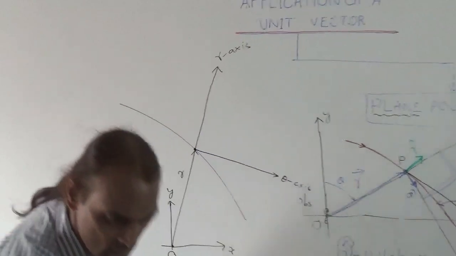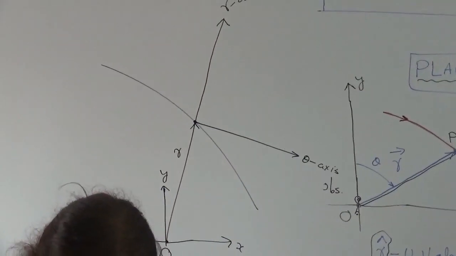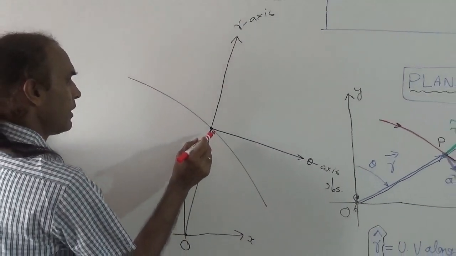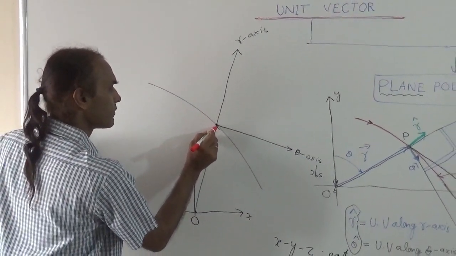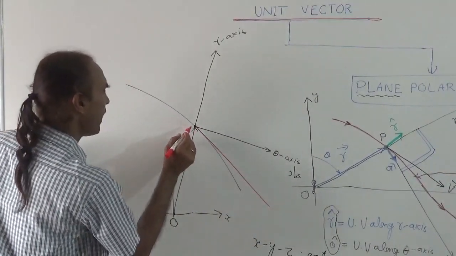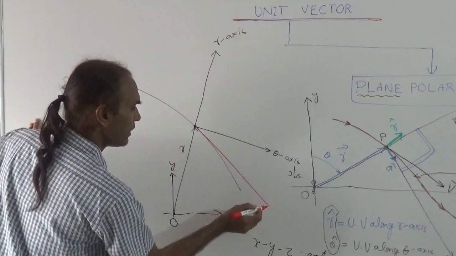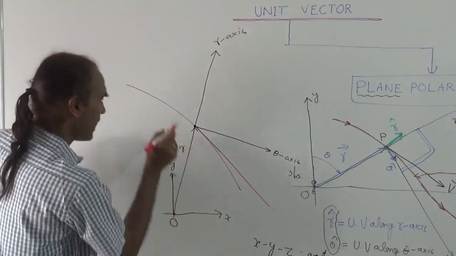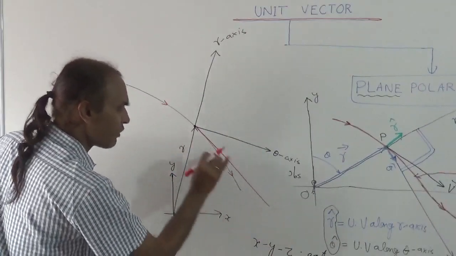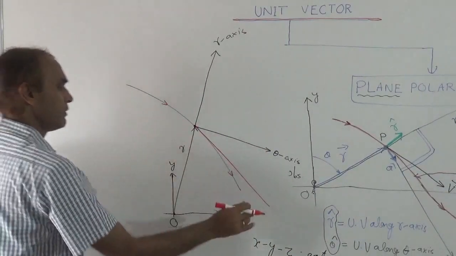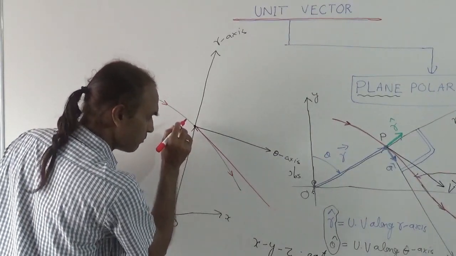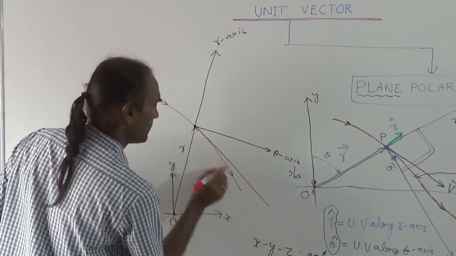Apart from these two axes, we have another set of two axes. This is the tangent drawn at the point when the particle moves in this direction. This is the tangent line drawn along the positive direction of the motion of the particle.